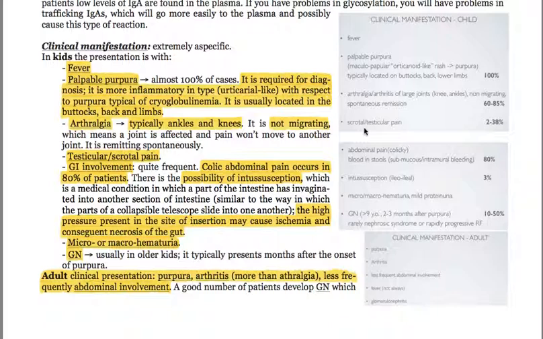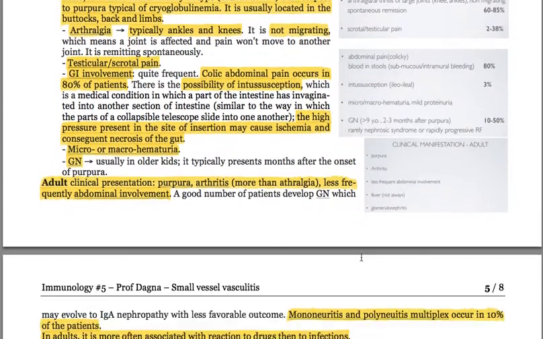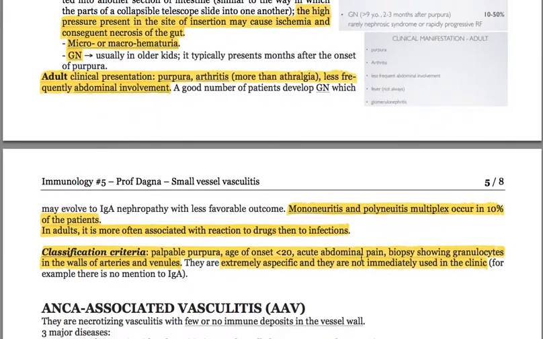Also abdominal pain with blood in stools, colic type of pain in 80% of cases, intussusception occasionally, and glomerulonephritis in older children in 50% of cases. In adults, purpura, arthritis, less frequent abdominal involvement, fever not always, and glomerulonephritis.